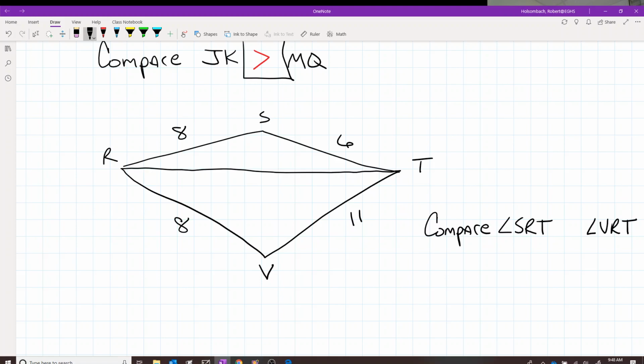Alright, so in this diagram, you're comparing SRT, let's highlight that, this angle right here, to angle VRT, this angle right here.